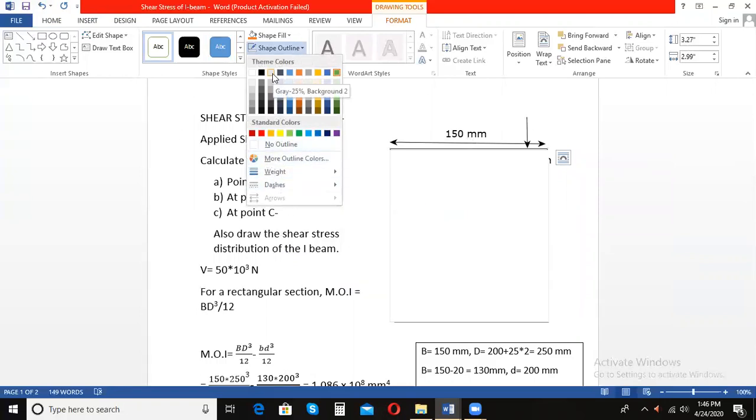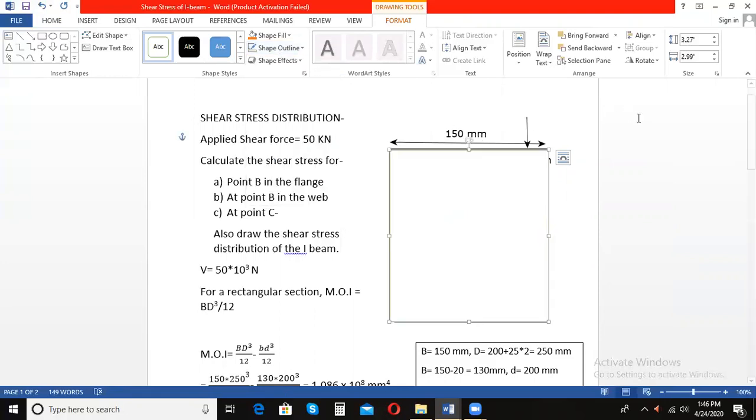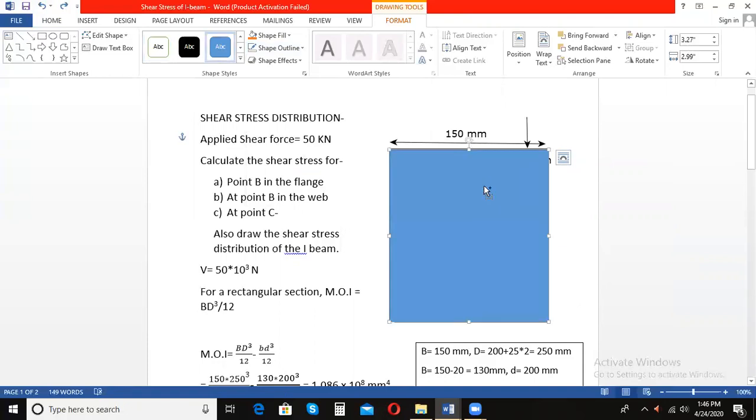I can't show it in a transparent way. So this is one bigger rectangle whose width is 150 mm, and the total depth is how much? I had already told you the total depth was 250 mm. This is my bigger rectangle. Now let me remove it.